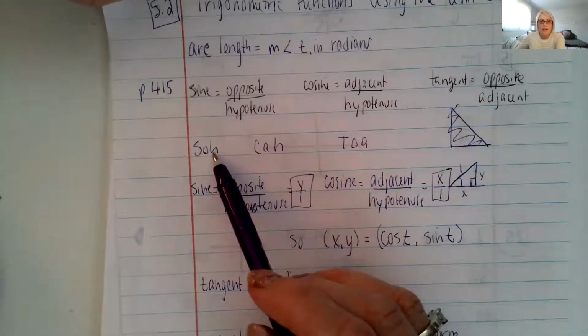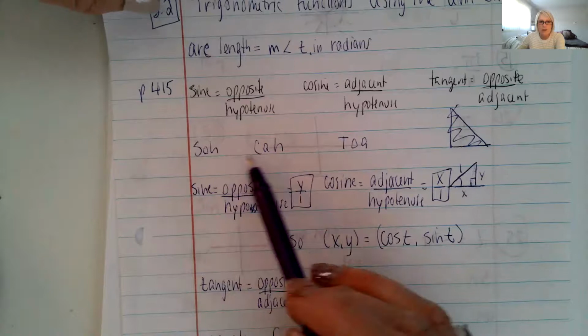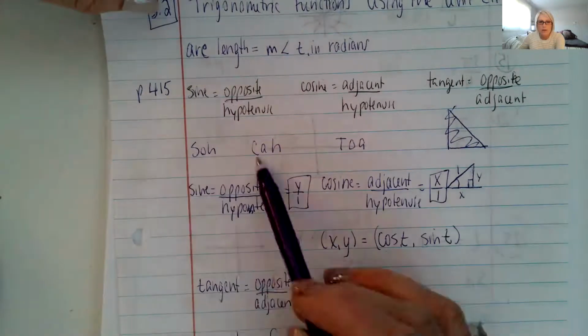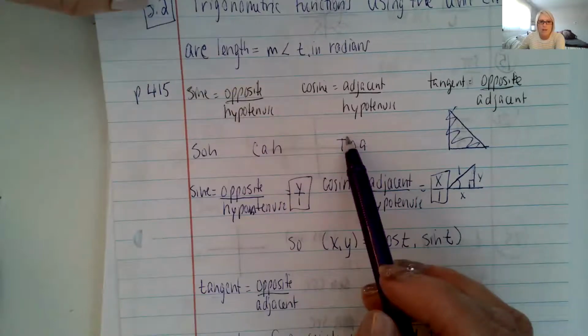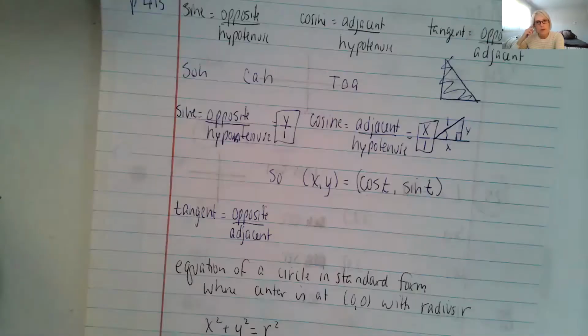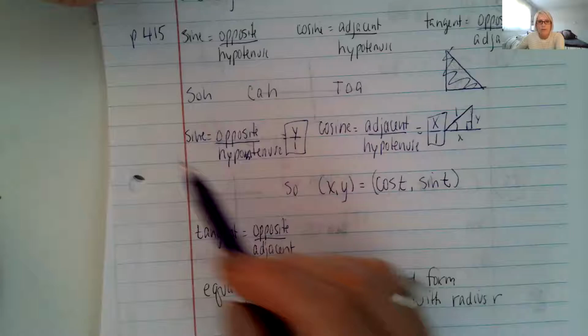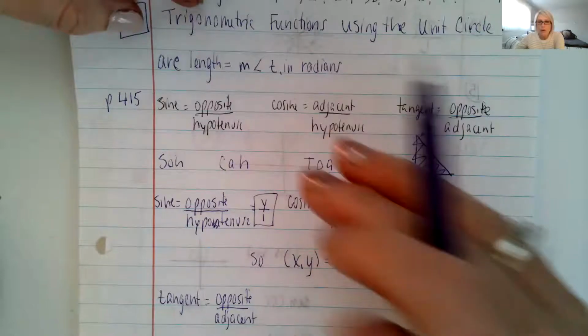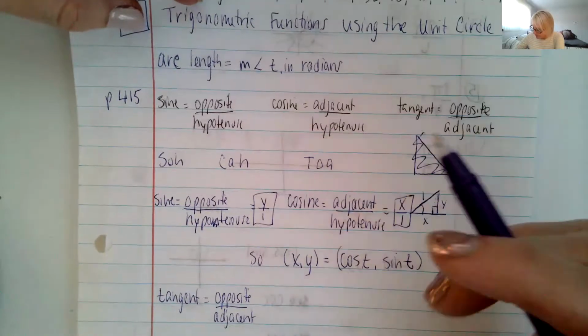And I always learned it as so, S-O-H, ka, C-A-H, toa, T-O-A: so, ka, toa. And that's how I remember that. And you'll be able to make a note sheet for your exam, and you're going to want that note sheet, probably these things written out, with you while you're working on problems so that you have them by you.